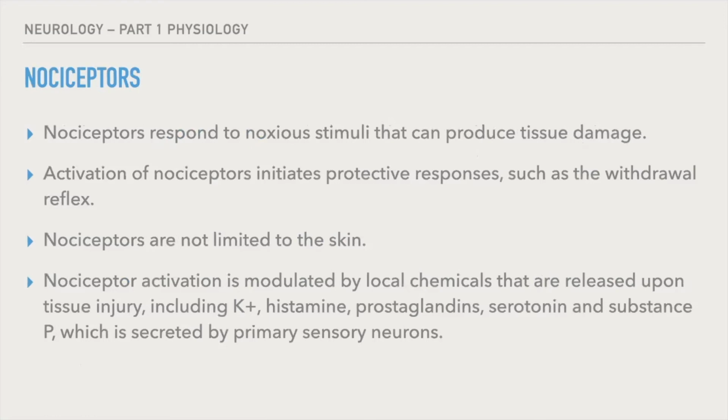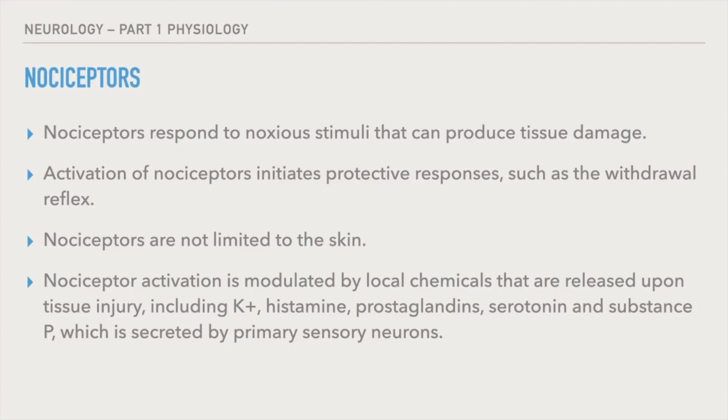The nociceptors are receptors that respond to a variety of strong nociceptive stimuli, which can be chemical, mechanical, or thermal, and these stimuli usually cause tissue damage. It is important to remember that nociceptors are not limited to the skin, but can also be found in visceral organs, and we will talk later about referred pain.